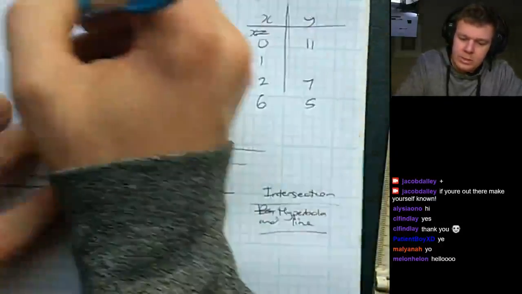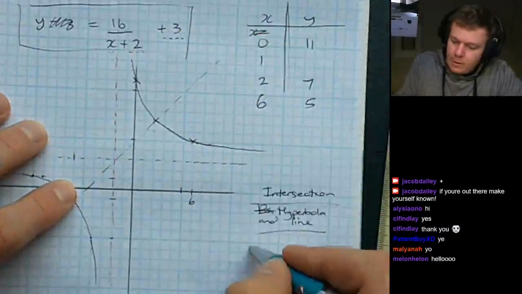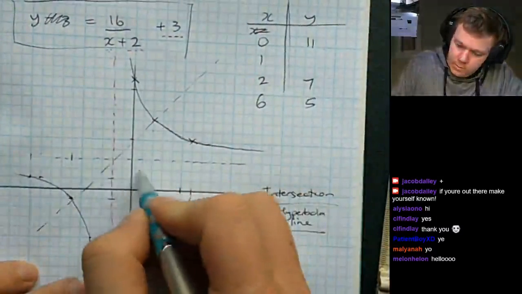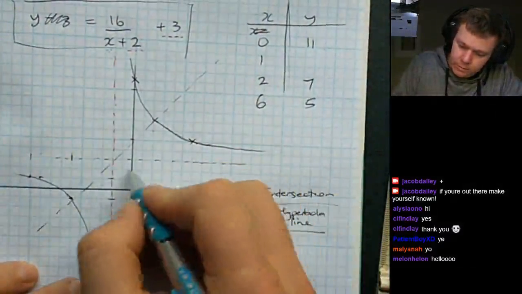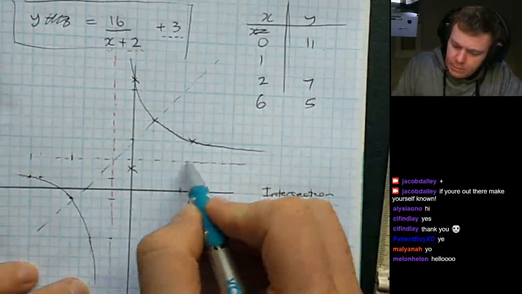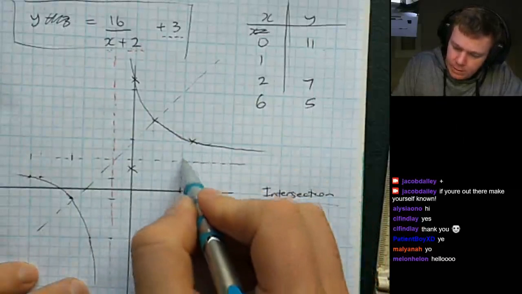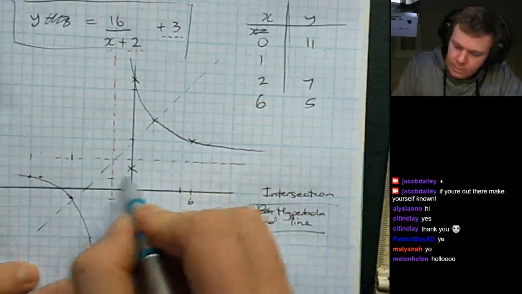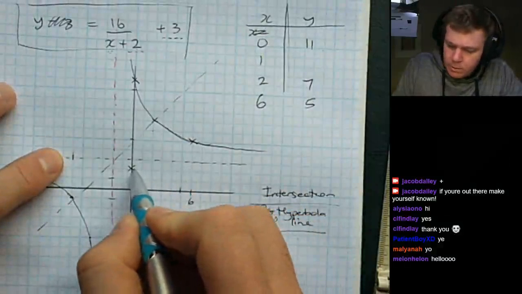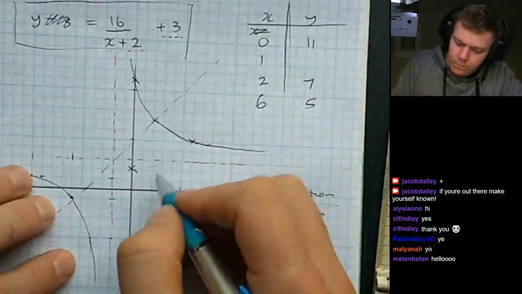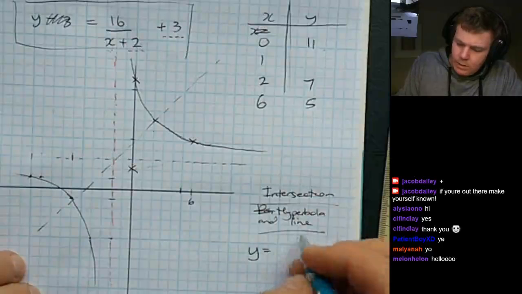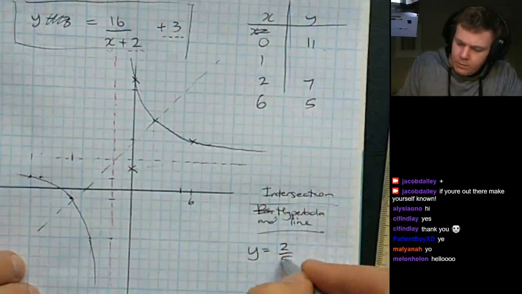So we'll just use this equation, and I'll just make up a line equation. So we've got y equals, let's go through point 2, and we'll go up. We'll have a quite shallow gradient. Let's go 2/5.